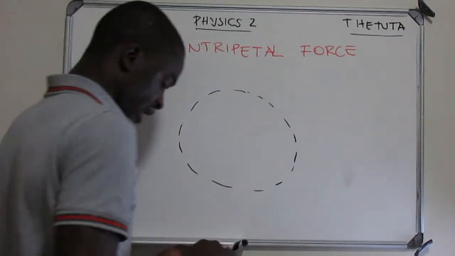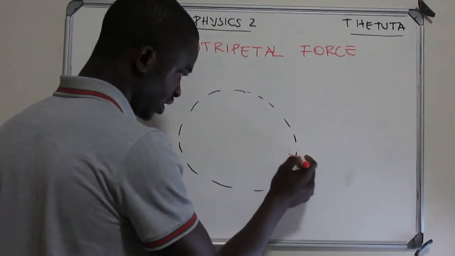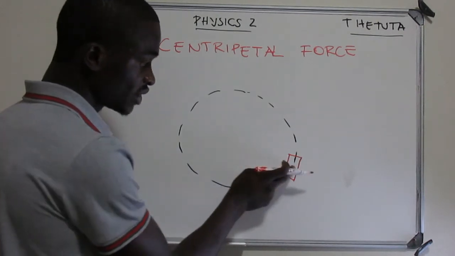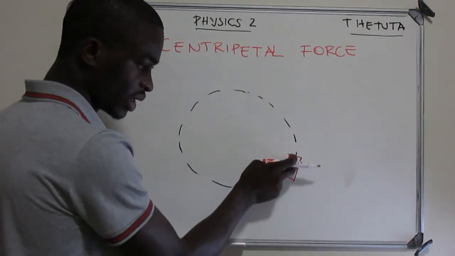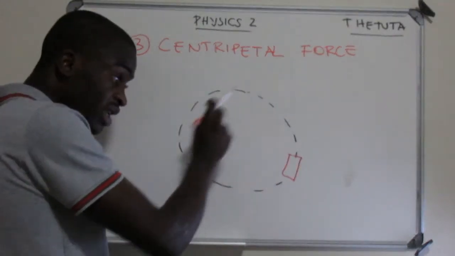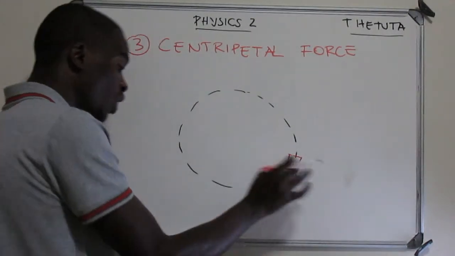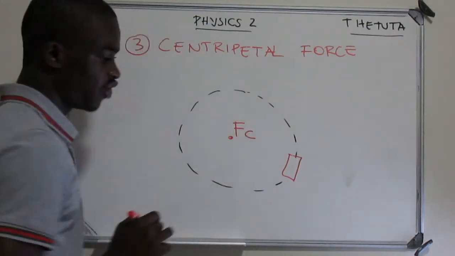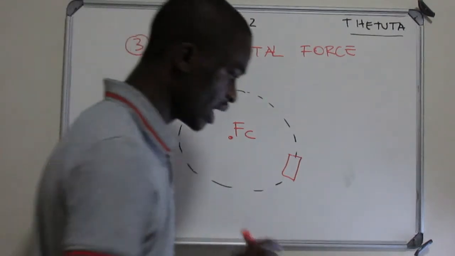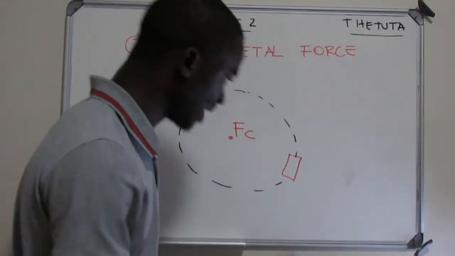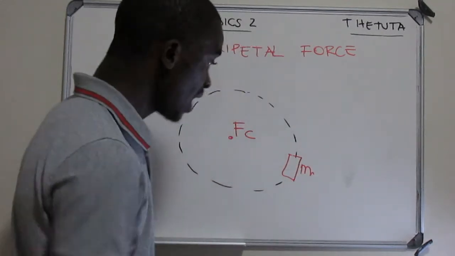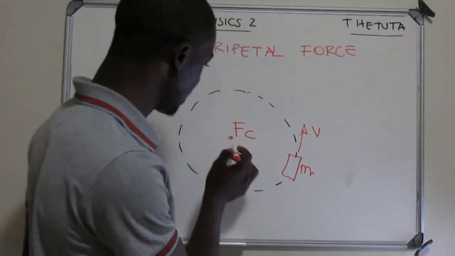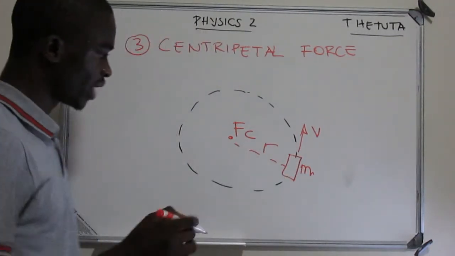So as I state here, if we have an object, let's say for instance a car, moving in a circular motion, the force that is going to keep this object in this circular motion, so that it does not fail or have an accident, is our centripetal force. And as we say, it's the net force required to keep an object of a mass moving at a specific speed on a circular path of a radius. So we have a radius involved there as well.